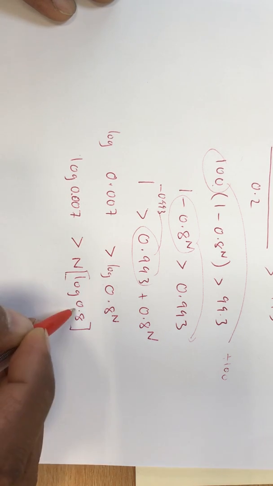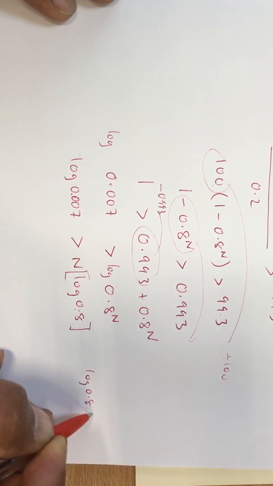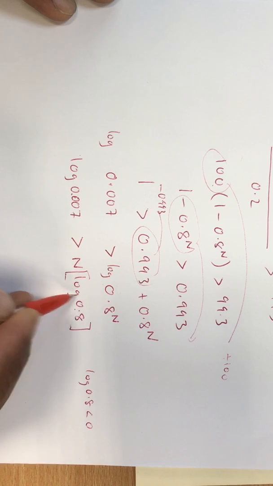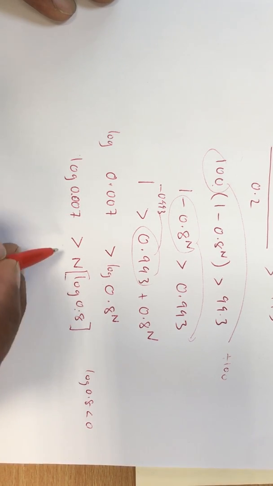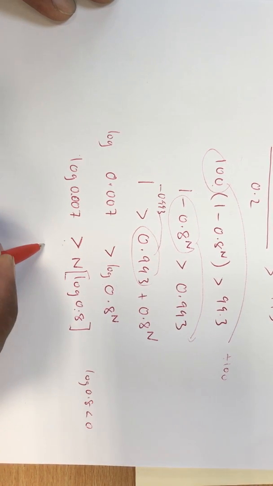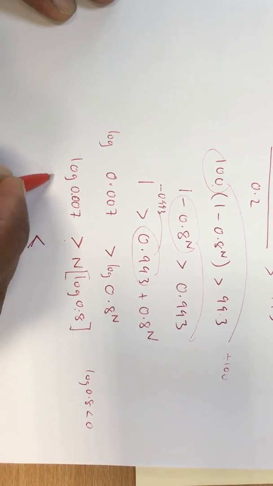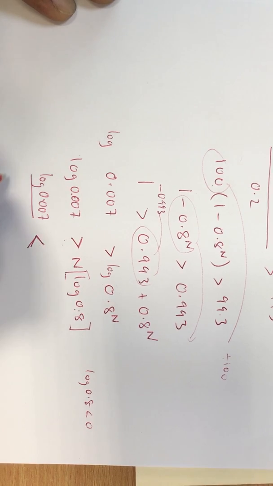Now if that is negative, so log of 0.8 is less than 0, when I'm dividing by anything that's negative, my inequality sign will change. So I'll change that sign. Now this is greater than, I'll change it to a less than sign as I do log 0.007 divided by log 0.8, leaving my n there.